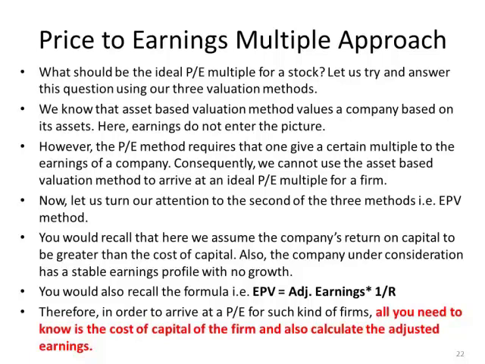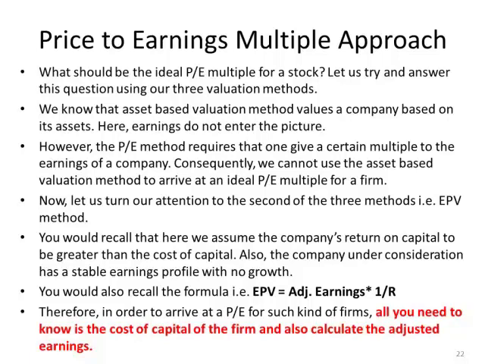So really it's a fairly straightforward exercise if we have the earnings power value, because the earnings power value is essentially telling us what the company is worth, right? And if we were to divide it by the earnings, that would be the PE ratio. So the value, which is the price per share, divided by the earnings gives us the ideal PE ratio.